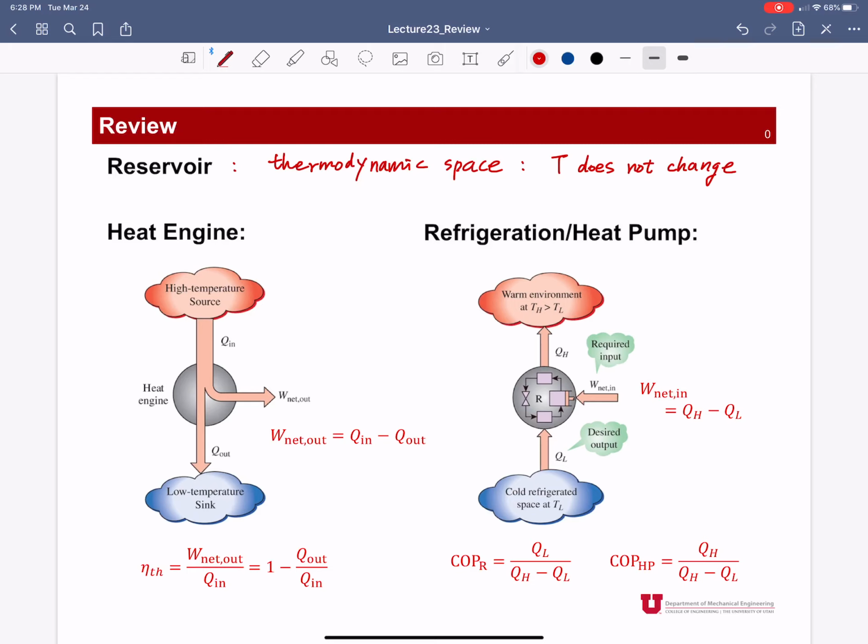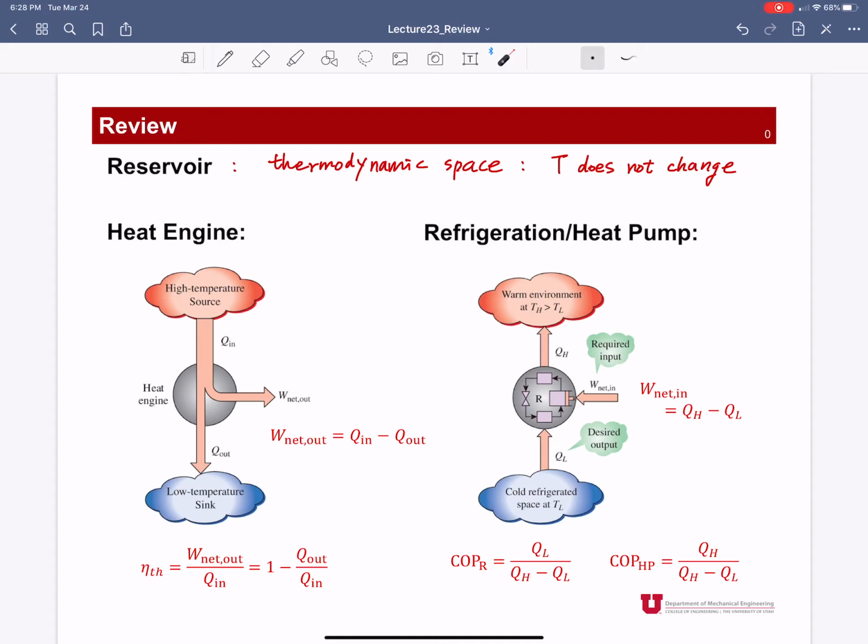Now, when you talk about the thermodynamic cycles, we have two cases of thermodynamic cycles. One is heat engine. The second one is refrigeration and heat pump. Now, heat engine needs certain heat input to make work output. So the whole purpose of having heat engine is to get certain power out.